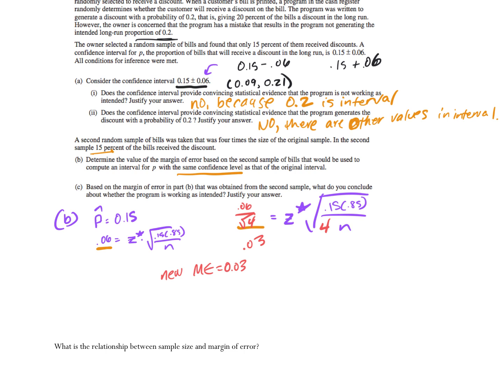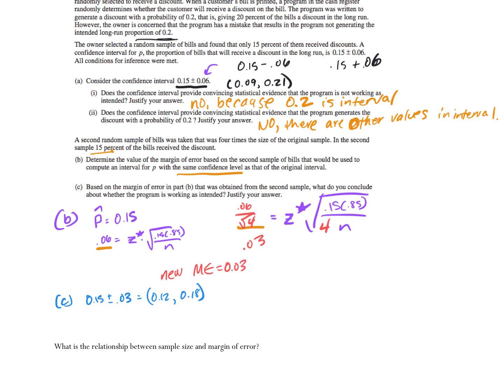All right? So now my interval would be 0.15 plus or minus 0.03, which would be 0.12 to 0.18. Now can we say the thing isn't working?